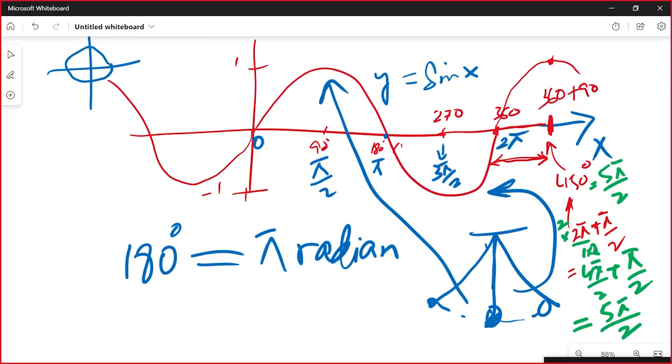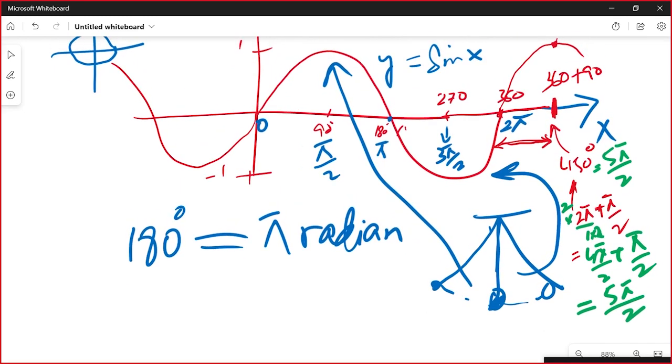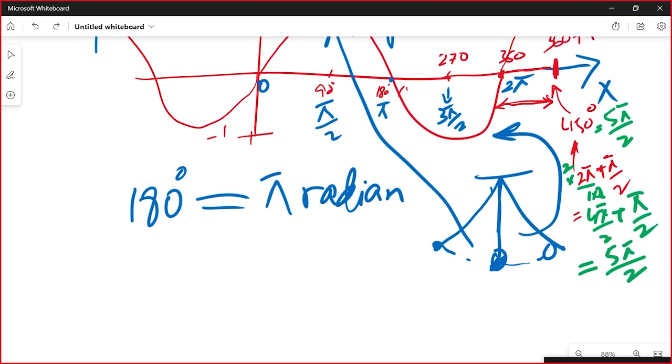If we look at this, I will make a relation now with sine x. Looking at what we have just done, can I write this as sine of x plus 2 pi?